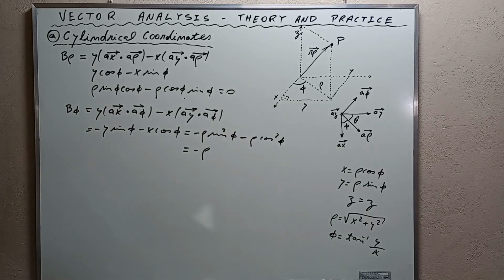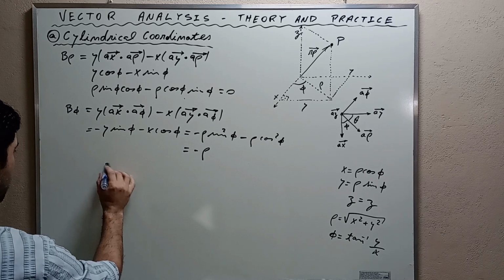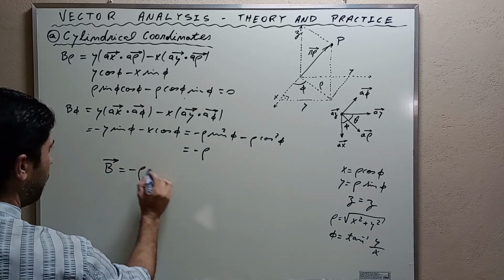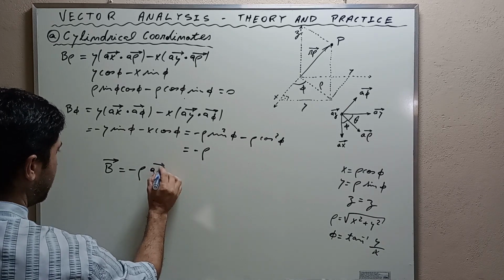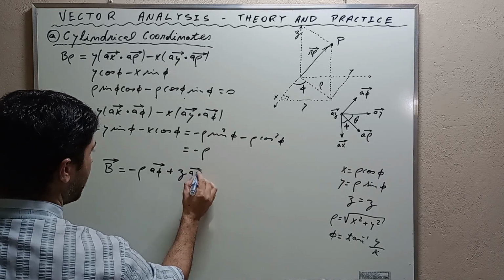Okay? And thus, finishing, we express B in cylindrical coordinates as B is equal to negative rho in the a phi direction plus z in the az direction.